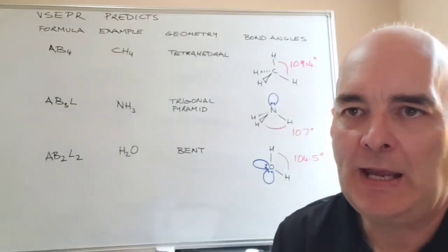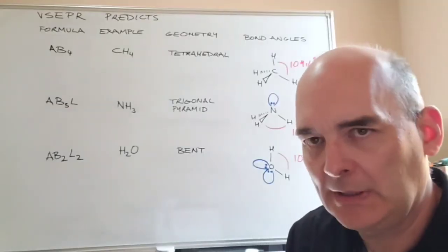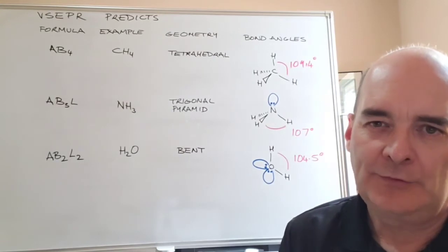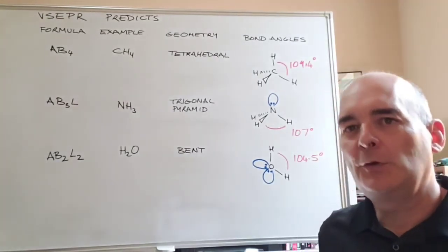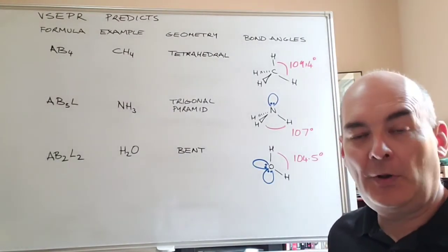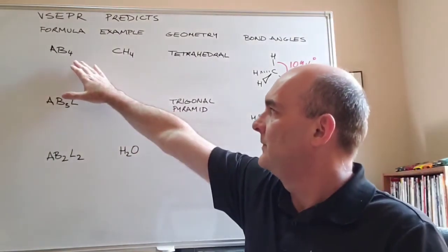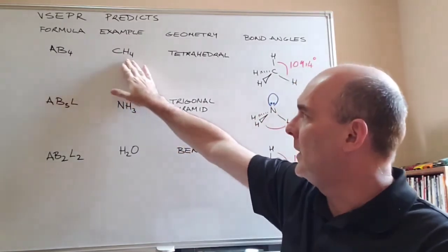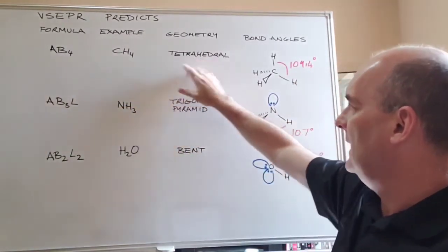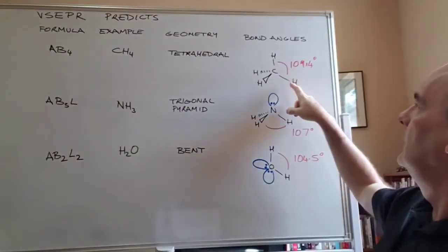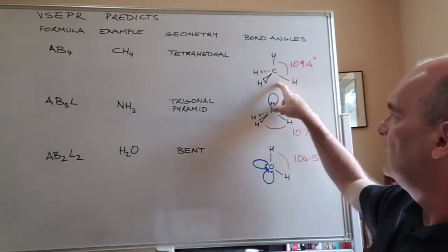Okay, let's look at a tetrahedron a little bit closer and replace some of those bonds with non-bonding pairs of electrons, with lone pairs. So here's my original tetrahedron. 4 bonds around a central atom, like in methane, which is a hydrocarbon, makes me a tetrahedron.